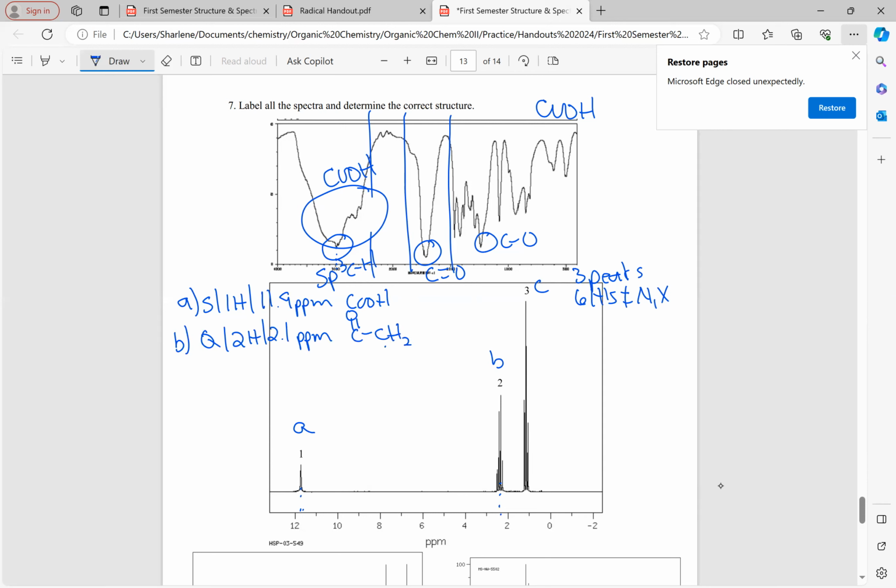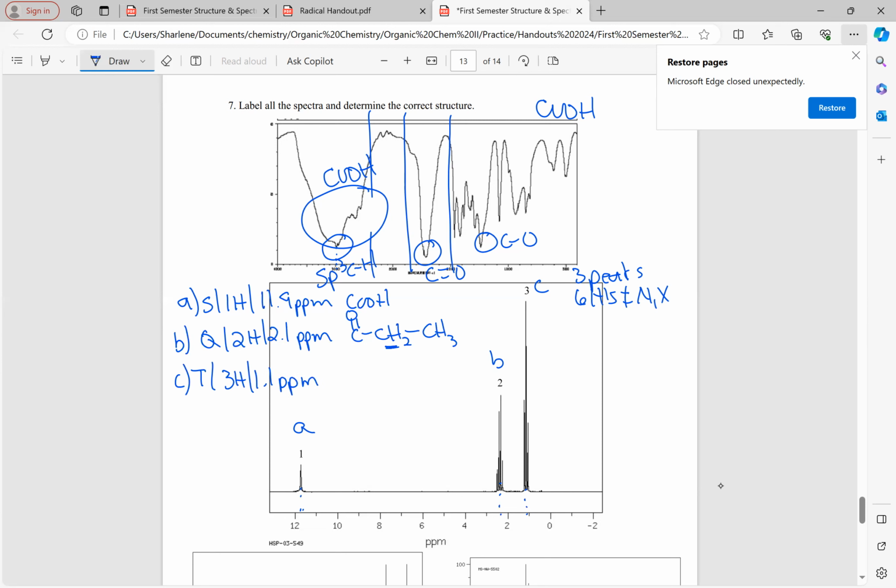And to get a quartet, it would have to have 3 neighbors. So that's what that one looks like. And then C is kind of ugly, lots of shadow peaks, but that looks like a triplet for 3 hydrogens at, oh, I don't know, 1.1.